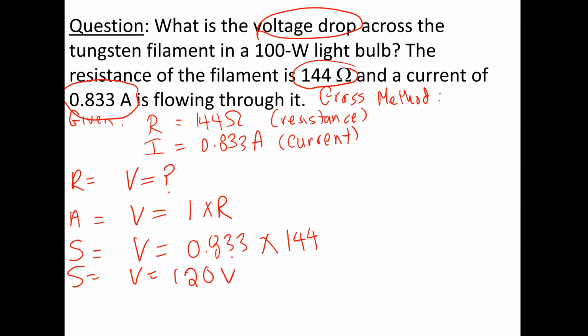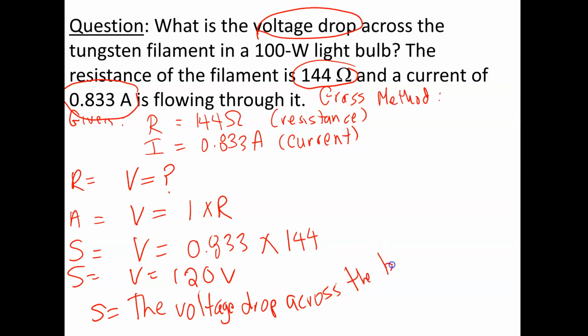I just rounded it up, okay? And we always include the statement. This last S should be the statement. And the statement is basically the voltage drop across the bulb is 120 volts. I'm just going to write bulb instead of the whole tungsten filament. Okay, and that's that problem.